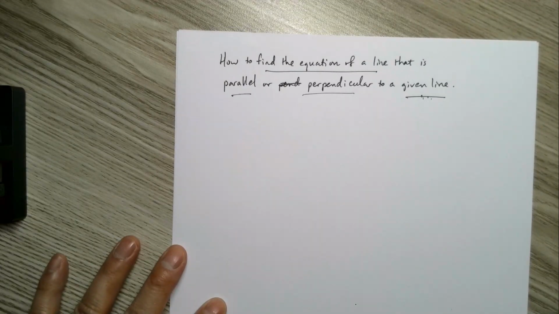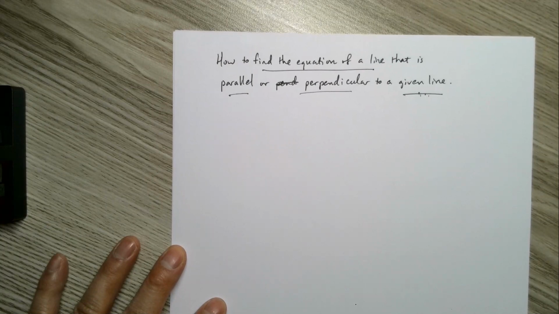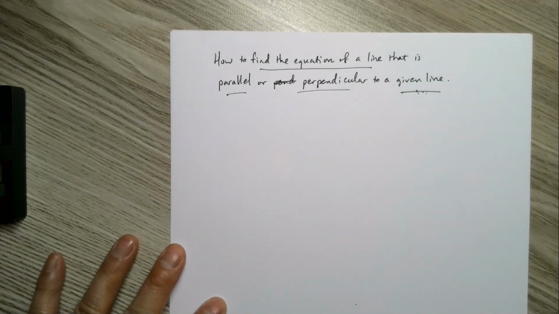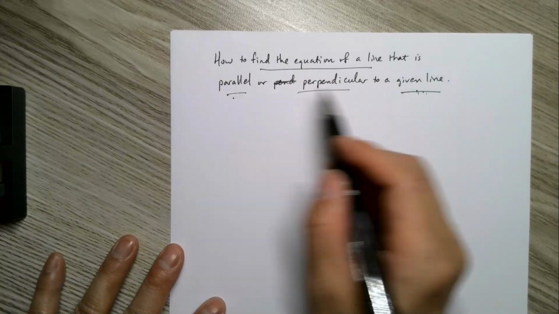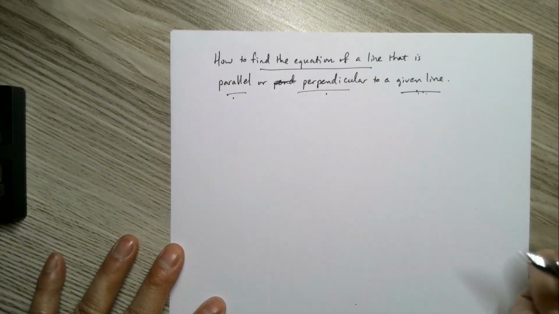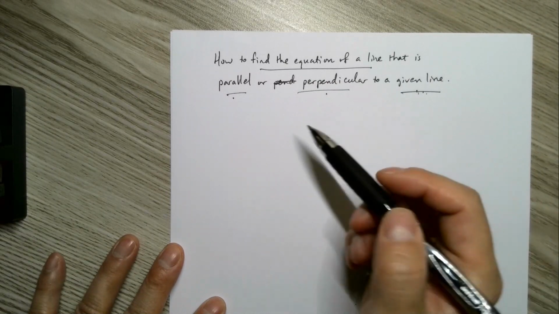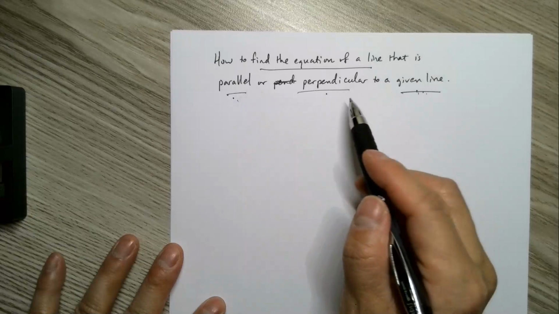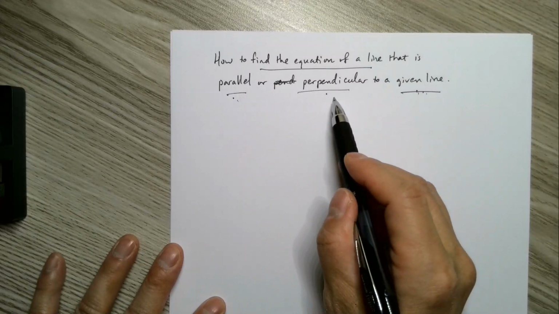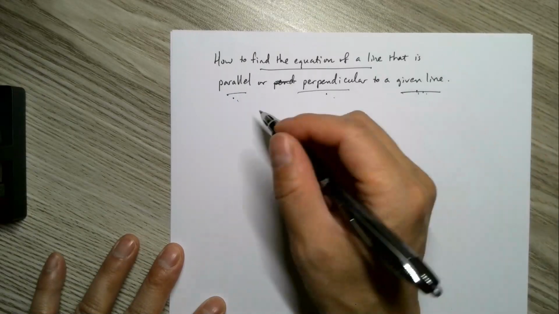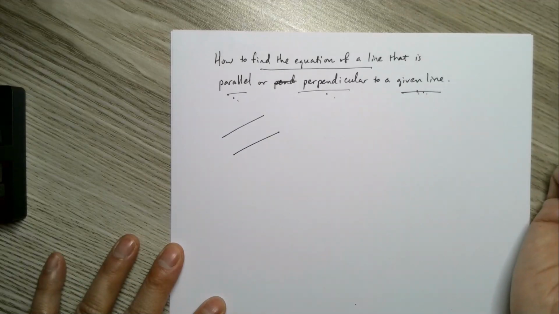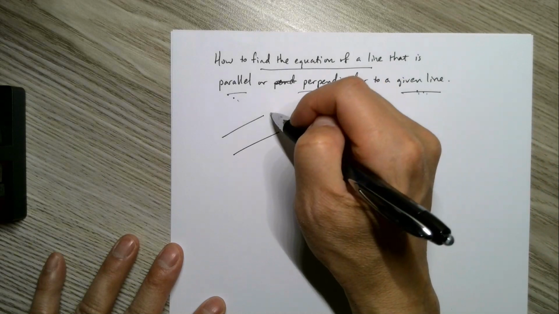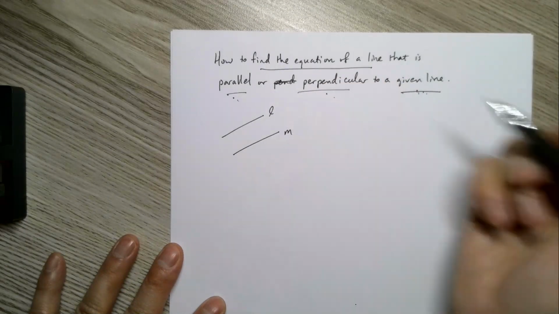Okay, so first off, I need to remind you of the relationship between parallel lines and perpendicular lines. In particular, what is the relationship between the slopes of two parallel lines, or the slopes of a pair of perpendicular lines? If you have two lines that you know are parallel, I'll just call them L and M for now.